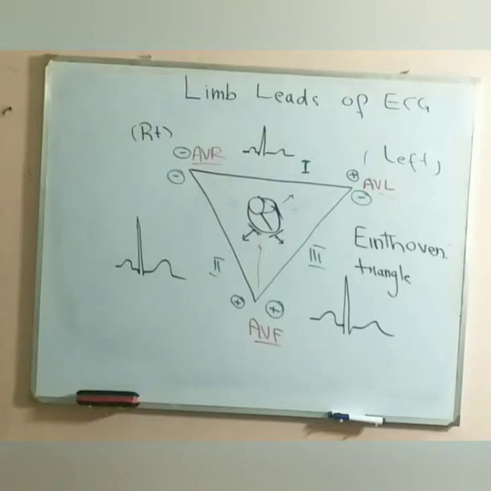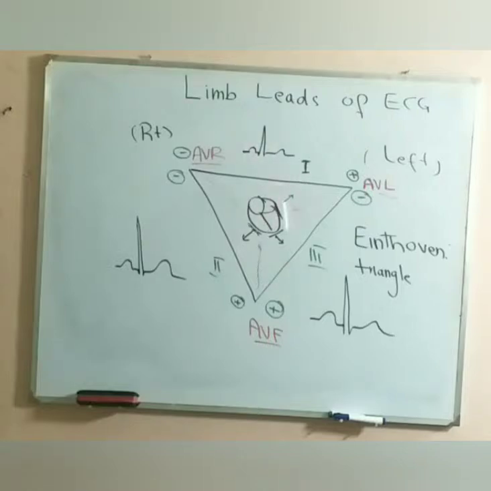Those standing in front of the stage will be the happier faces; they receive it in a positive sense. The one located on the backside of the heart will be negative. So the wave of depolarization goes away from AVR and goes towards AVL, AVF, 2, 3, 1.